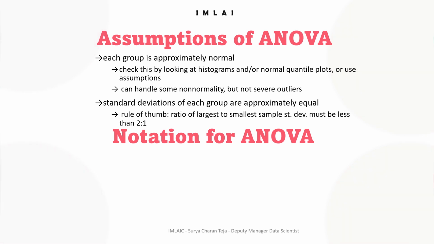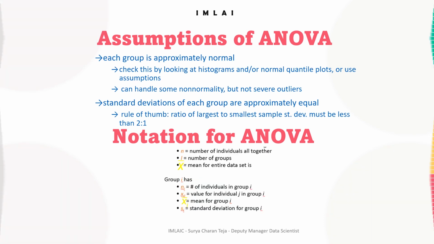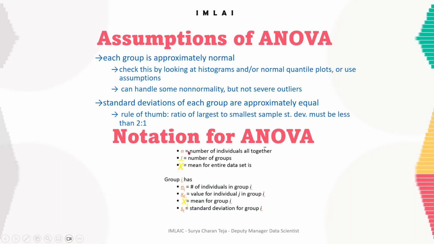Let's look into the notation for ANOVA. N means the number of individuals altogether, and I is the number of groups. X bar, capital X bar, is the mean of the entire data set. These are specific to the overall data set, whereas the others are specific to the groups.